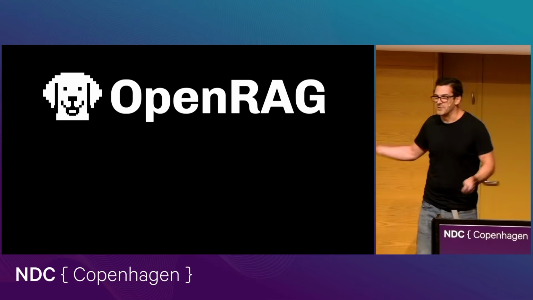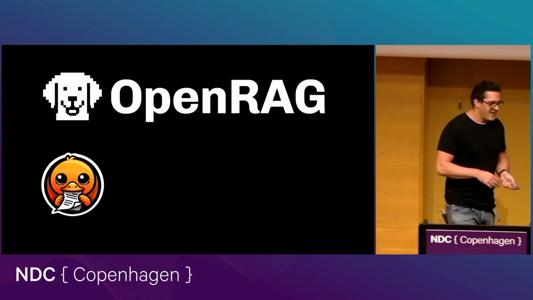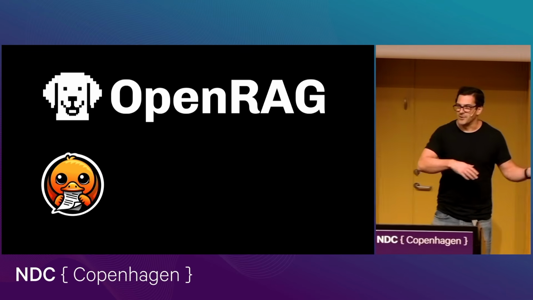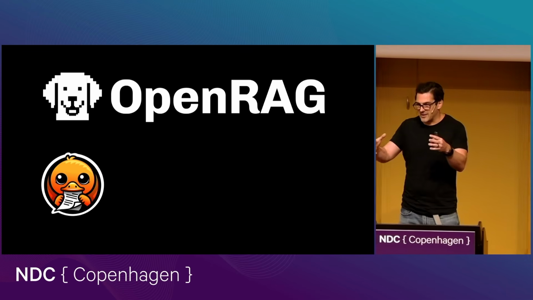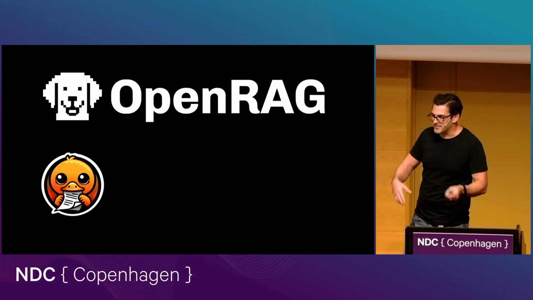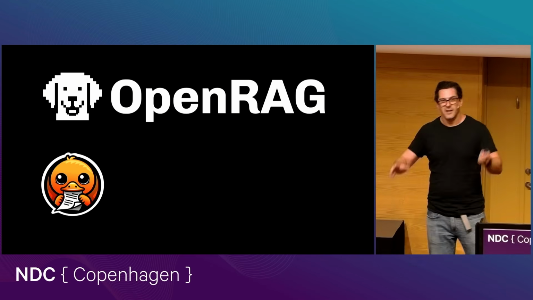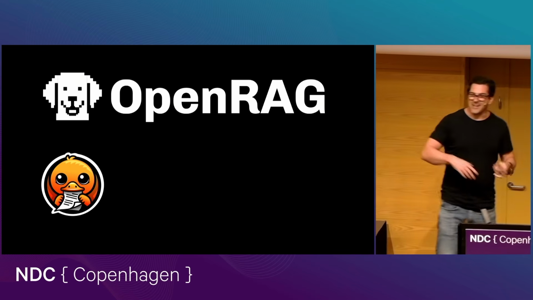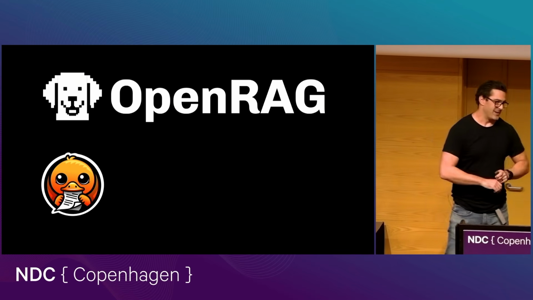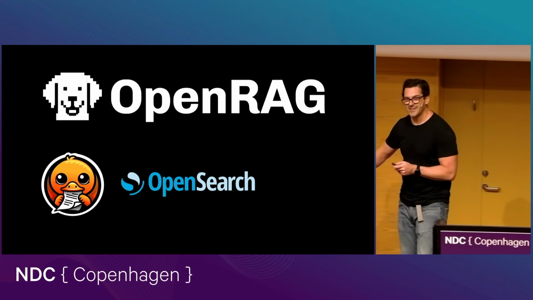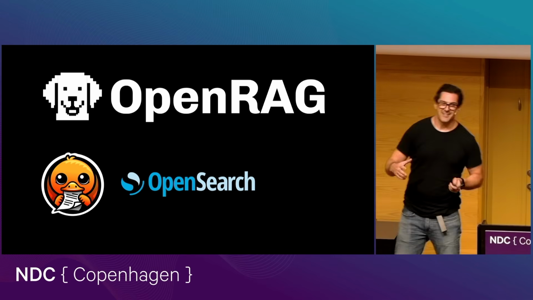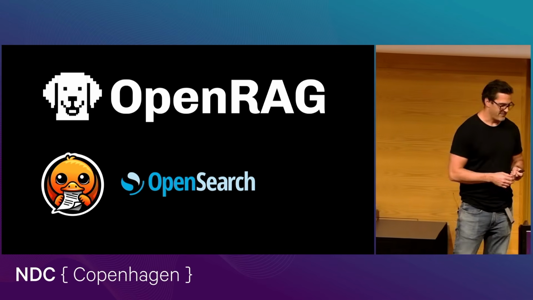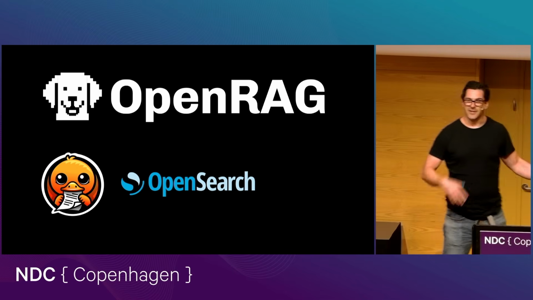It's actually built on top of a bunch of other open source things as well, like Docling, which is also an IBM project and is mostly good at ingesting PDFs into text, because PDFs are the worst things in the world, unless you want to print something out. If you actually want to get the information out of it, Docling is really cool. There's also OpenSearch, obviously an open source search index, very good at doing vector search, but also keyword hybrid stuff.